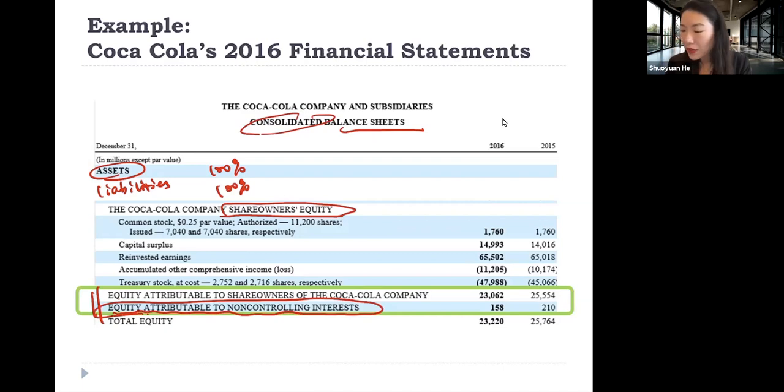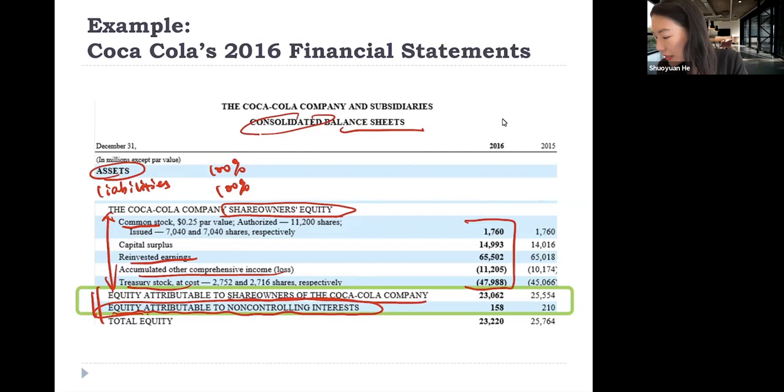Common stock, reinvested earnings, AOCI, treasury stock, all of those belong to Coca-Cola's shareholders, so all of this part adds up to equity attributable to shareholders of Coca-Cola Company. All of the non-controlling interest equity is classified here, 158 million. That is the equity belonging to non-controlling interest.